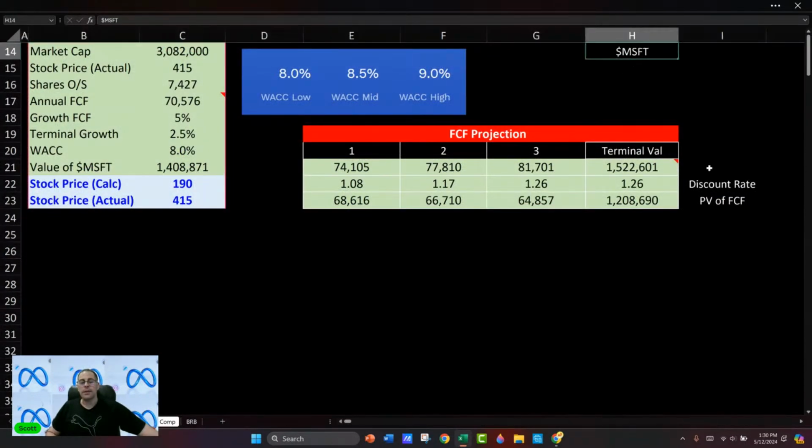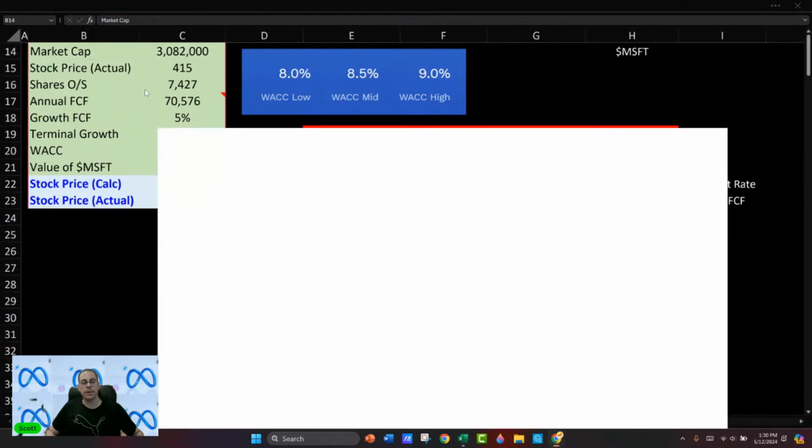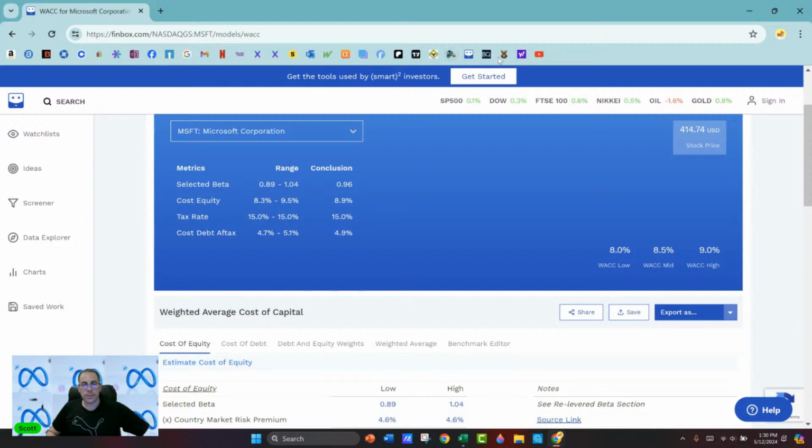So this is kind of a rudimentary DCF, but it gives you the tools you need. Let's look at Simply Wall Street to see what the analysts project.